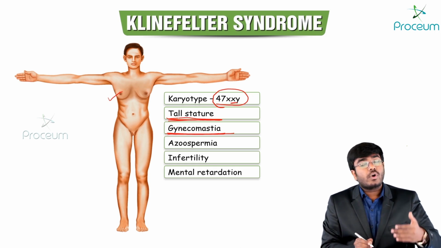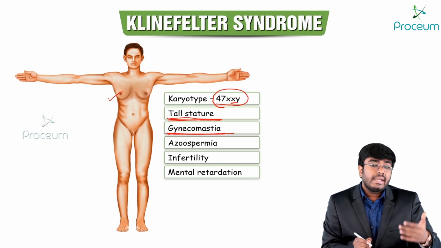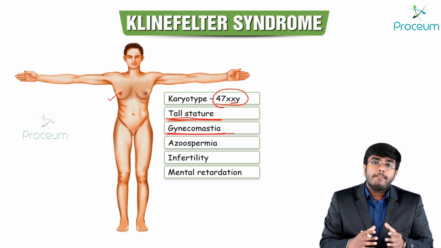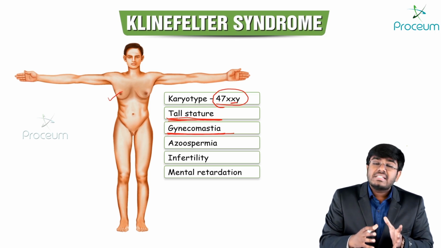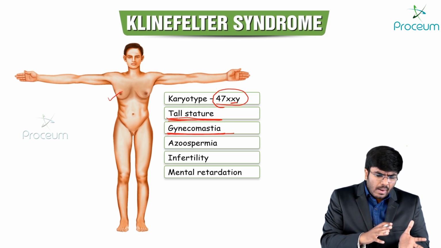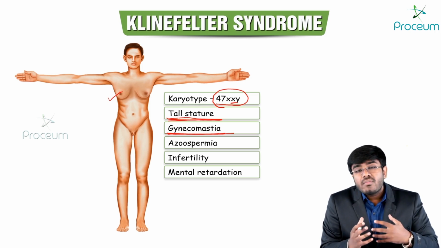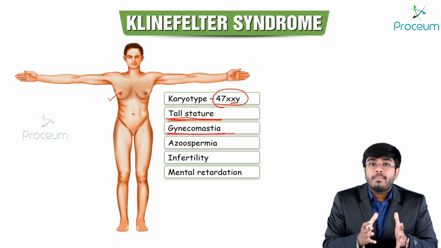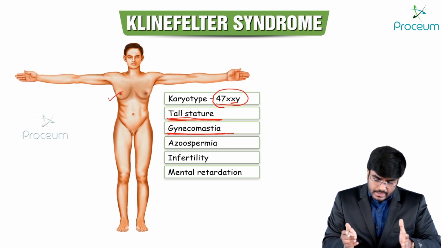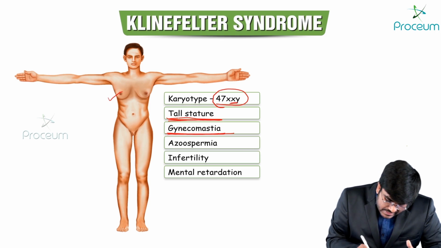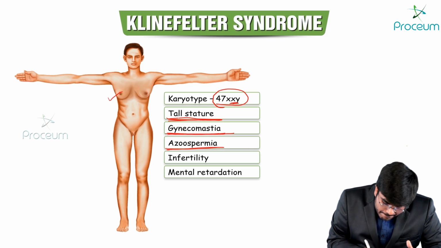Karyotype is 47 XXY. They might have gynecomastia. Because of the presence of this extra X chromosome, which is more of a female thing, the male functions are not going to happen properly. What do I mean by that? Because of the presence of this extra X, there will be azoospermia and infertility.